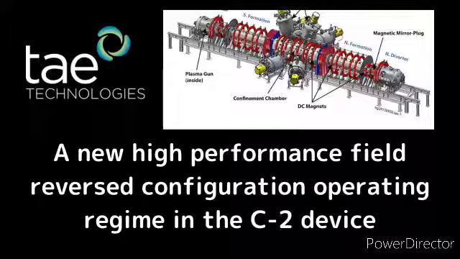where alpha equals omega over omega star is a normalized ion rotation parameter. Omega equals V over R is the ion angular rotation frequency, and omega star equals dP/dr over e n r B is the ion diamagnetic frequency.